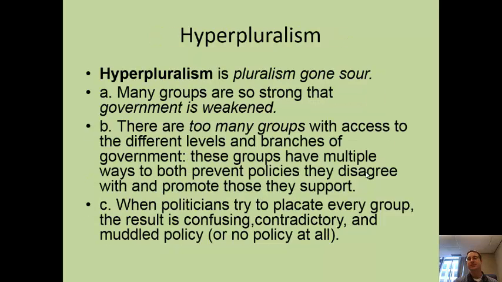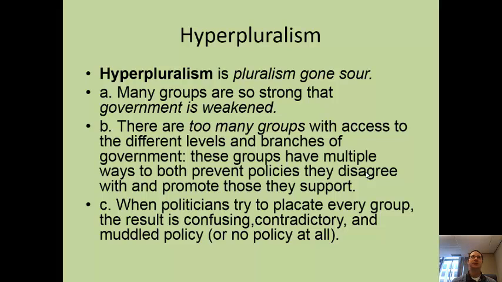Hyperpluralism. So this would be the other side of the interest group thing, where we say interest groups are corrupt, they've gotten too much power, and really it's not the representatives or the courts or the president running the show. It's really all these groups. The interest groups have so much power, or the political action committees, or whatever it is, that it's really all these little groups end up becoming sub-governments rather than the main government functioning like it's supposed to.